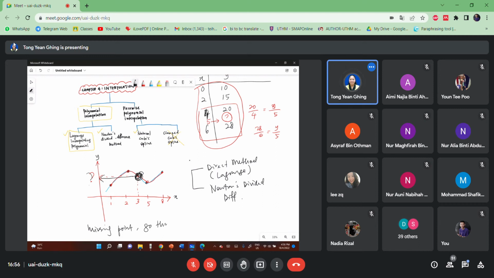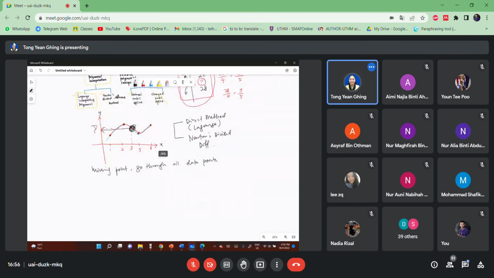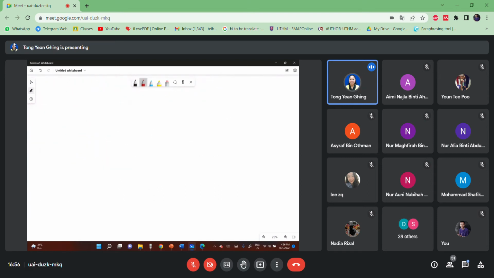Go through all data points. Okay, so tak kisahlah how many data points there are.